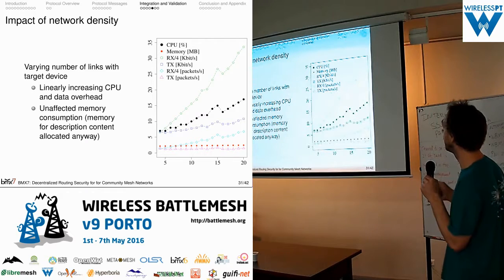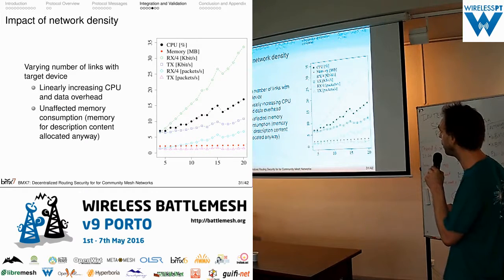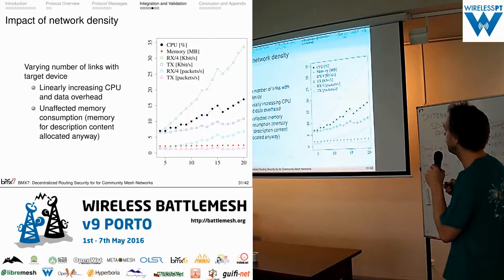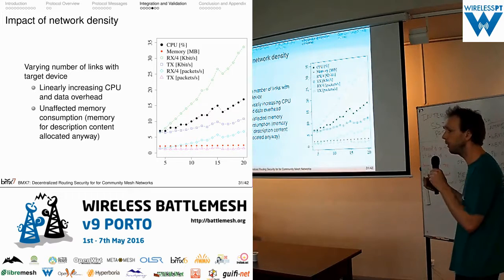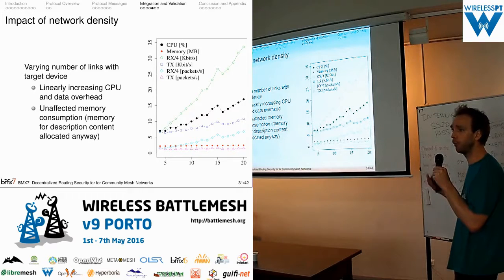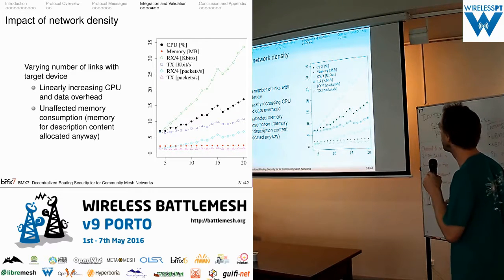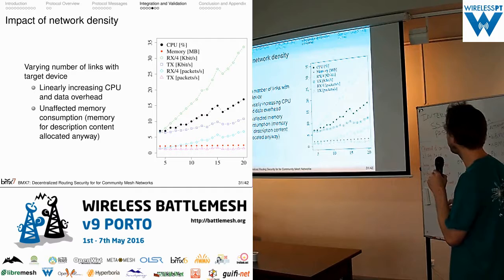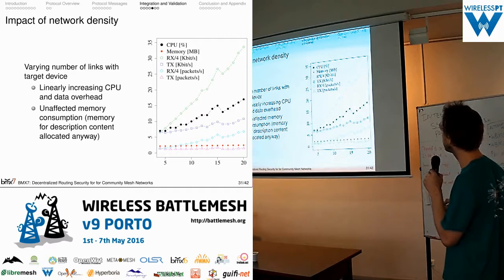Then I also looked at the density by increasing the number of links that I had to this real device, here from 4 to 20. You can see similar results. Of course, here the received traffic increases most because with every new neighbor I get, I receive more data from him. So this is the most increasing dimension, but same with others.